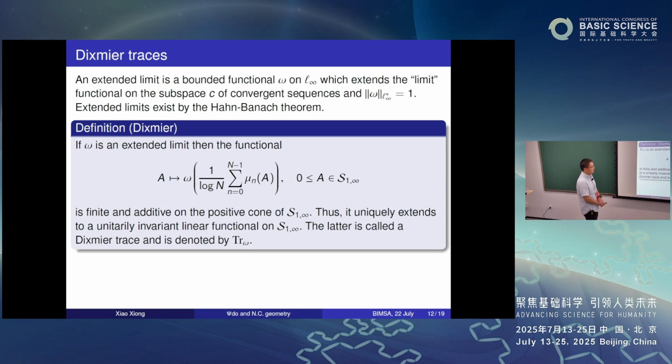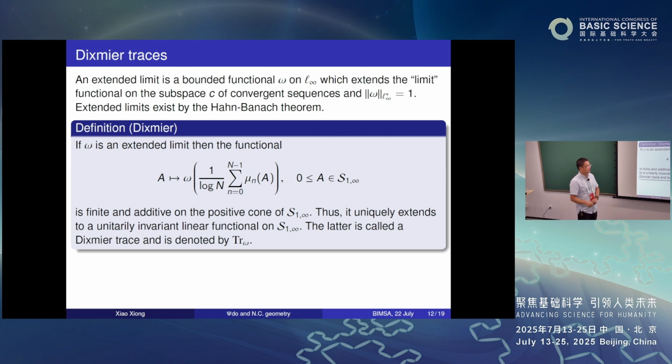I didn't give the definition of the Schatten class, but you can just view it as the order of the infinitesimal. So for the Schatten class here, it means that the eigenvalues, or the singular values of the operator, decay of order 1.